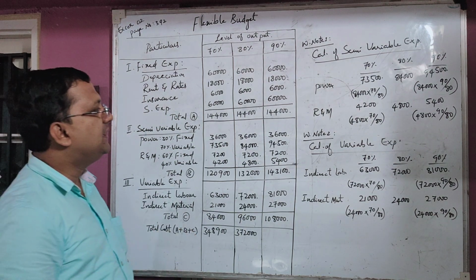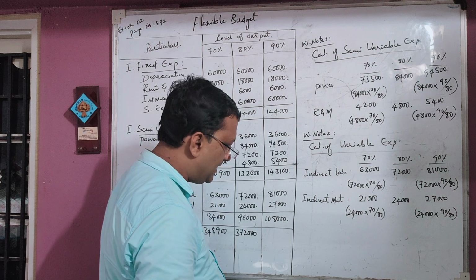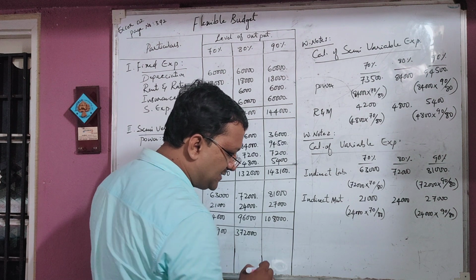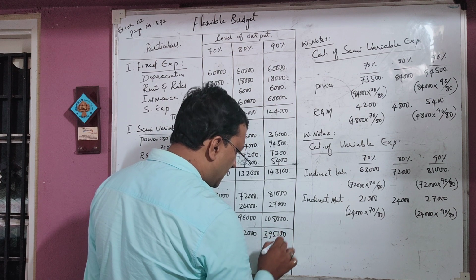Last, 1,44,000, 1,43,100, 1,08,000, then total is 3,95,100.